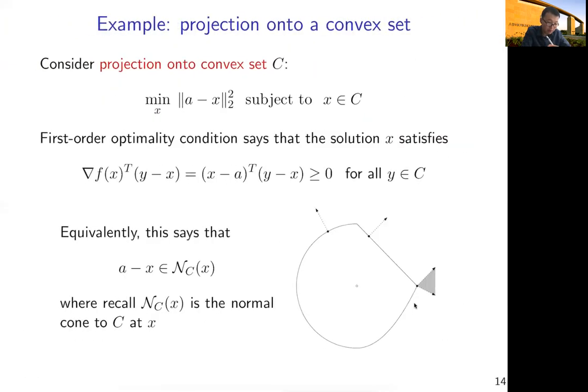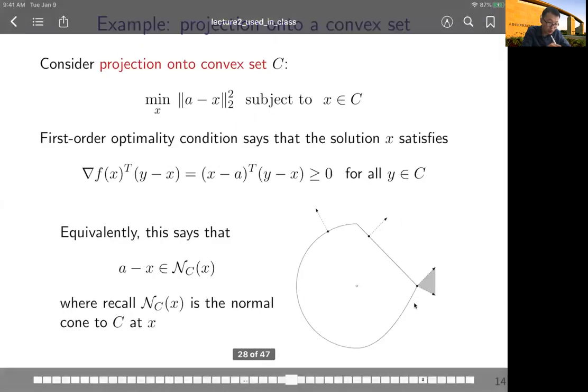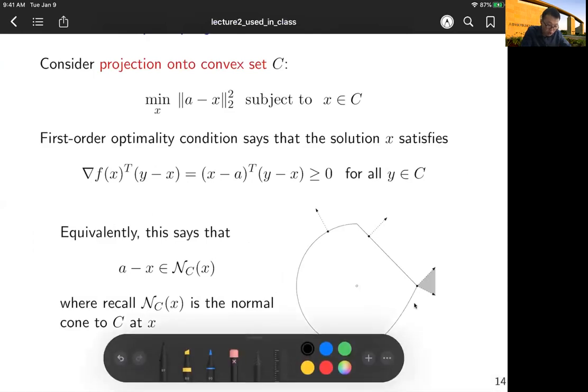Let me visually illustrate this. Suppose this set is a convex set C, and this is the point A that you want to project onto this convex set. You are going to find the point inside this convex set that is closest to A. That would be this particular point, X star. And this is perpendicular.